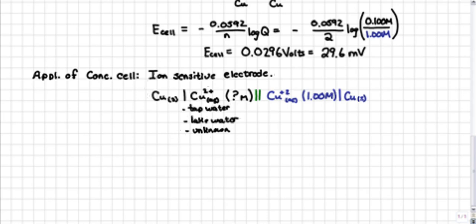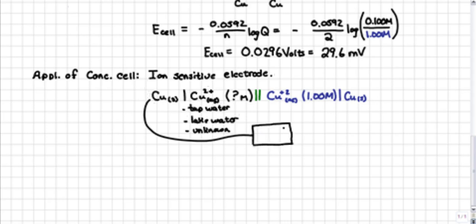Okay, so what we do is we create these two beakers, one that contains a known concentration of copper on the right, where reduction will occur, and one that contains an unknown concentration of copper on the left, where oxidation will occur, and we hook them up to our voltmeter.